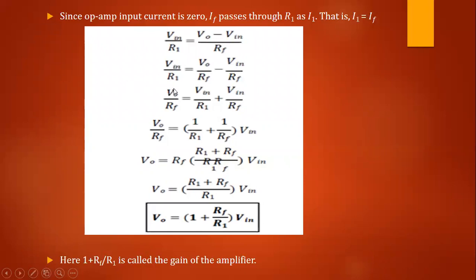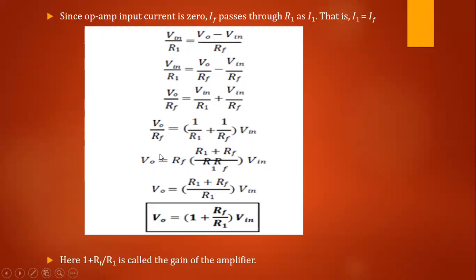So here V in by R1 is equal to V0 by RF minus V in by RF. So what is V0 by RF? V0 by RF is equal to V in by R1 plus V in by RF. So in these terms, V in is common. So V0 by RF becomes 1 by R1 plus 1 by RF into V in.